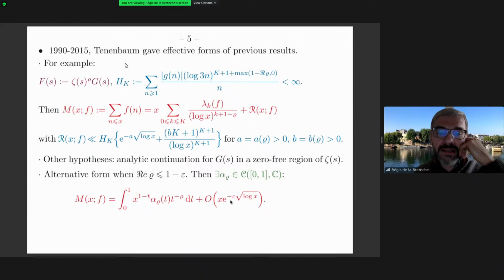So it's a nice result, and it can be useful in some applications.